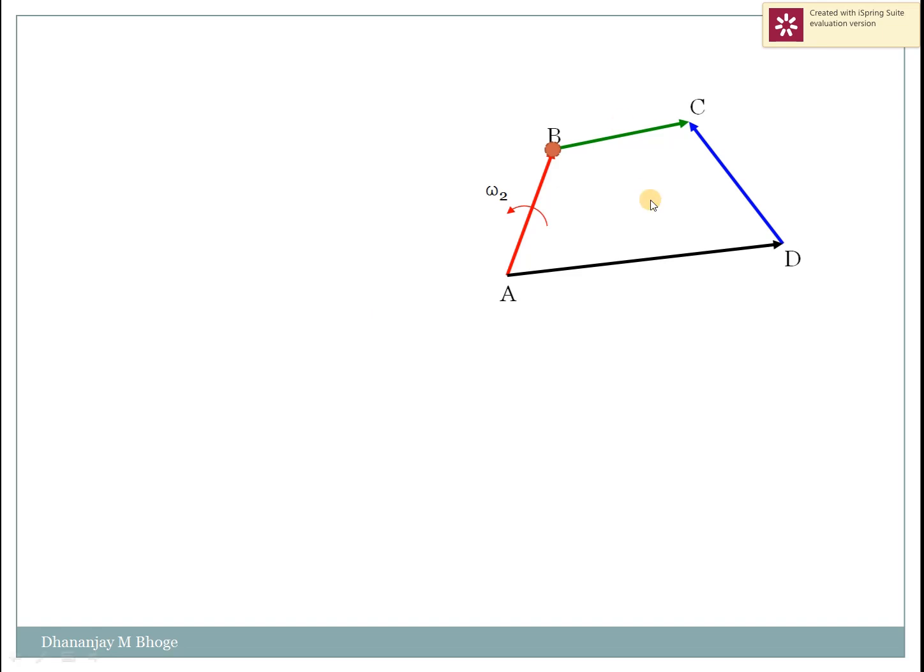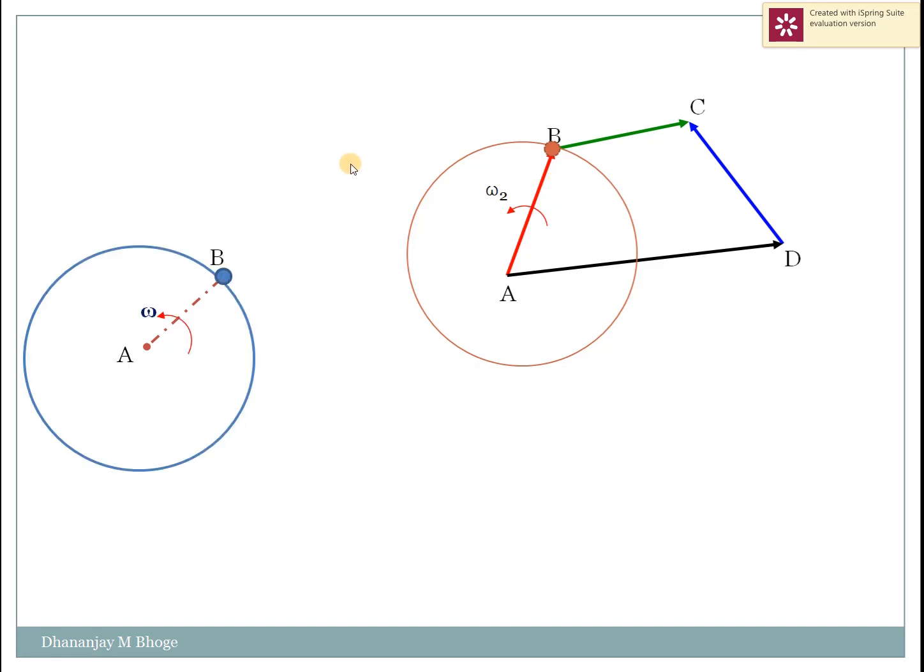For any given mechanism, what we will consider? We will consider one link at a time, and for that link under consideration, we will assume that one extreme point or end point of the link rotates relative to the another extreme point. As in this case, let us consider link AB. For AB, assume that B rotates about A.